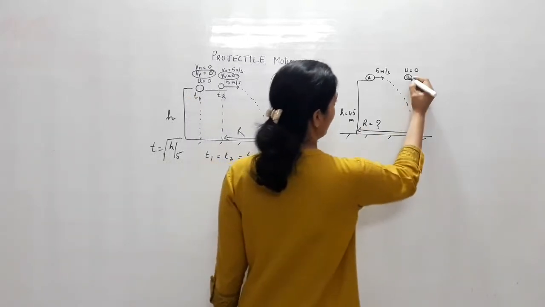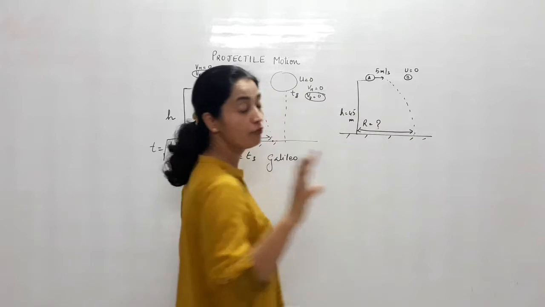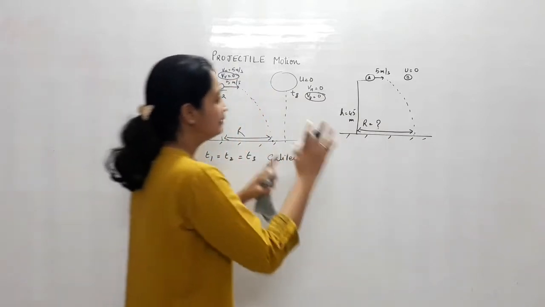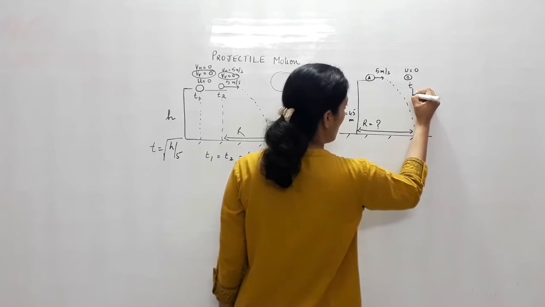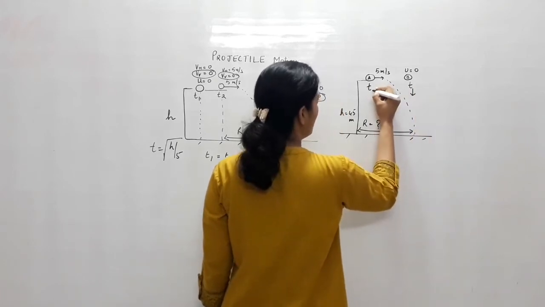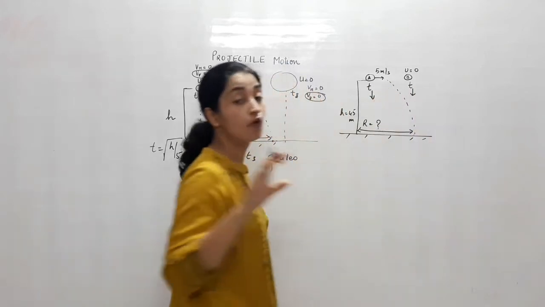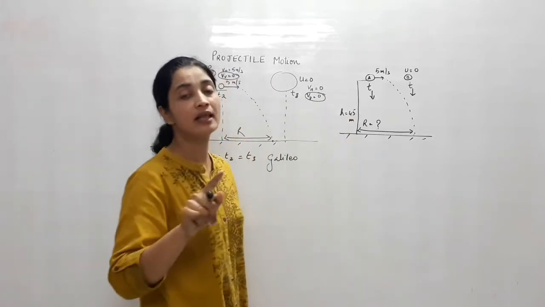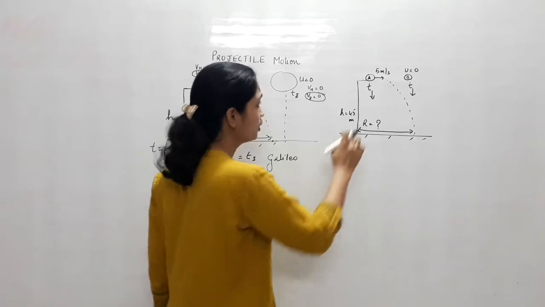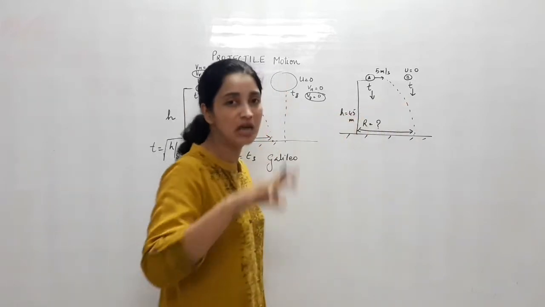First let us do one thing. One thing I know from Galileo's observation is that the time taken by ball B to fall down will be equal to the time taken by ball A to fall down, as long as they are coming from the same height and they are thrown simultaneously. So they both will take the same time.